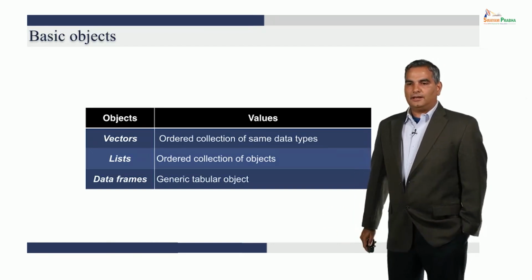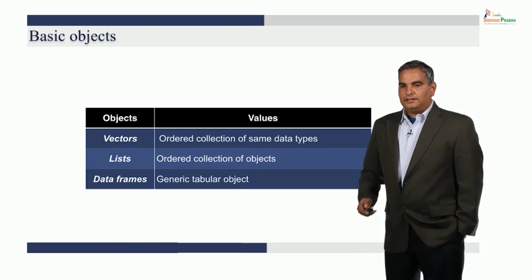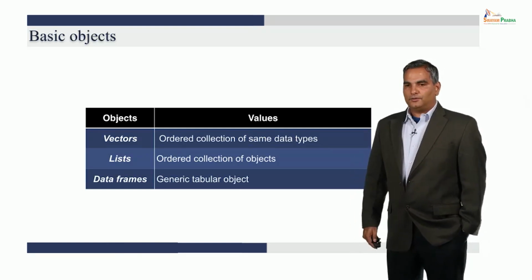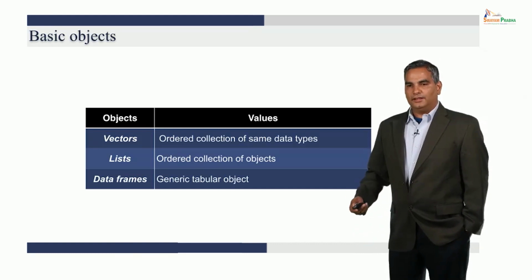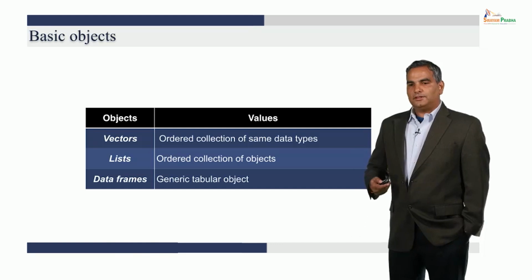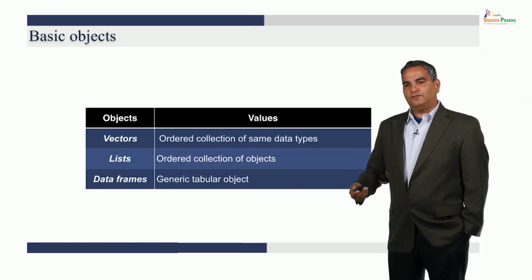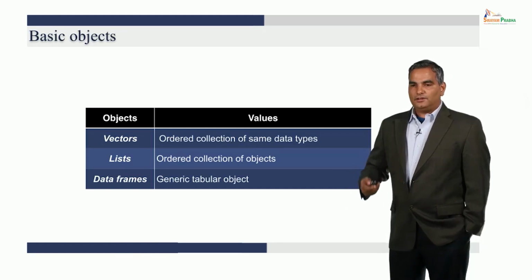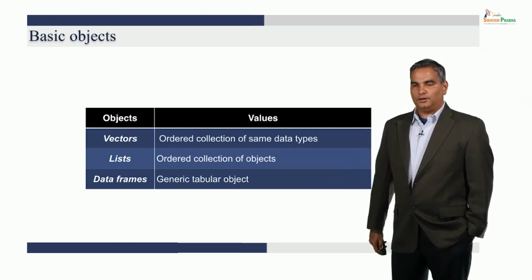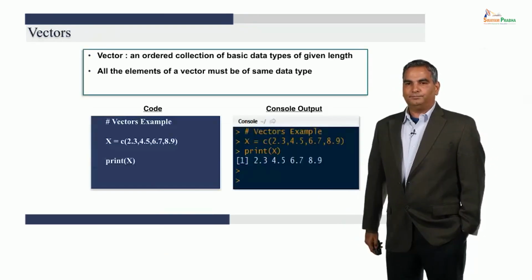This is a generic tabular object. Typically, many of us are comfortable with matrices, and in general, matrices are in tabular form with numbers. What data frames do is put the same information in a tabular object, but interestingly, each of the columns in a data frame could be of different types, as we will see as we go along in this module.